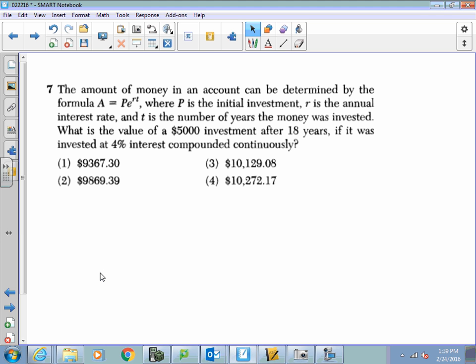What is the value of a $5,000 investment after 18 years if it was invested at 4% interest compounded continuously? All right, well, you have our formula right here, so I'll just go ahead and circle that and write it down.